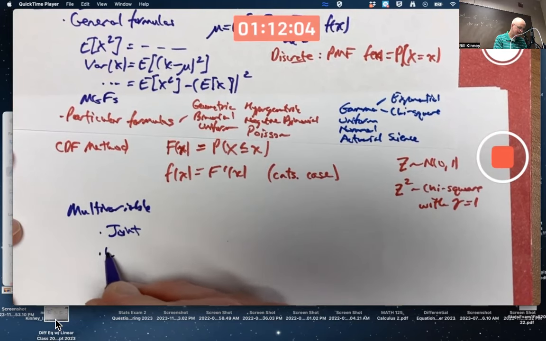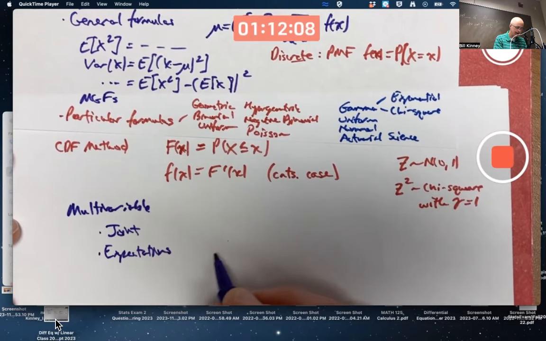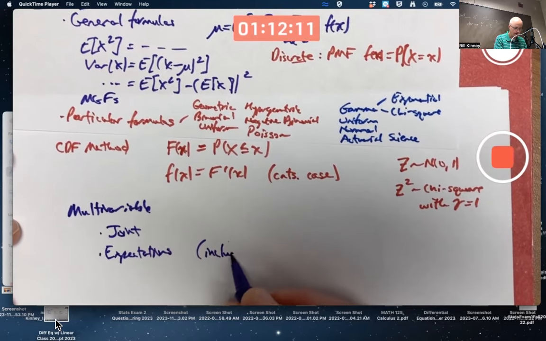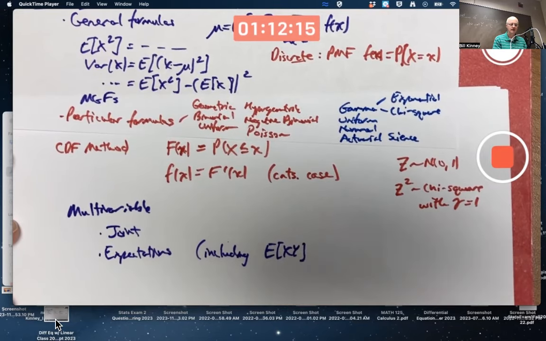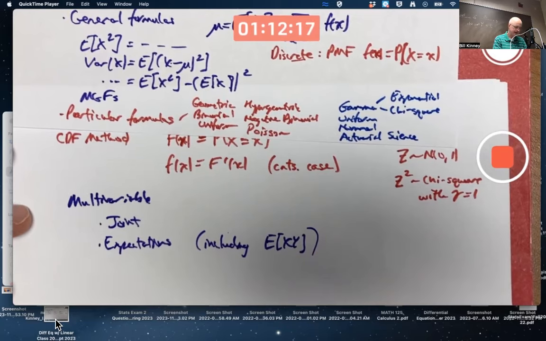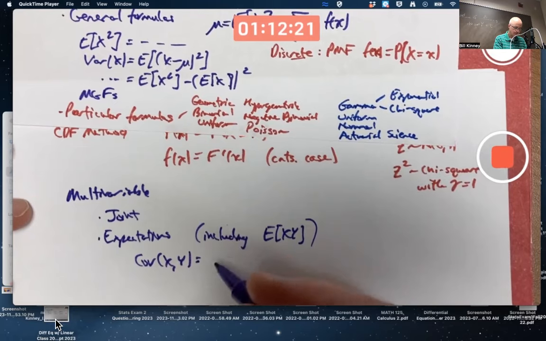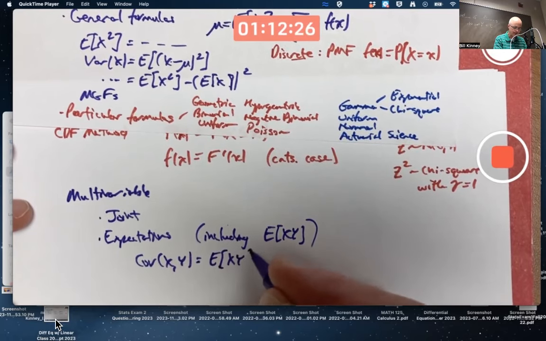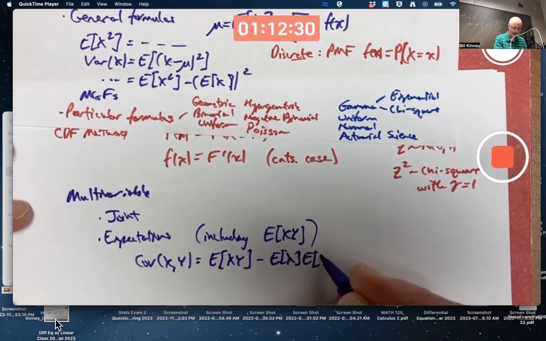You got the expectations, including, for example, the expected value of X times Y. And you have things like the covariance, which the shortcut formula turns out to give you the expected value of X times Y minus the product of the expected value of X and the expected value of Y.